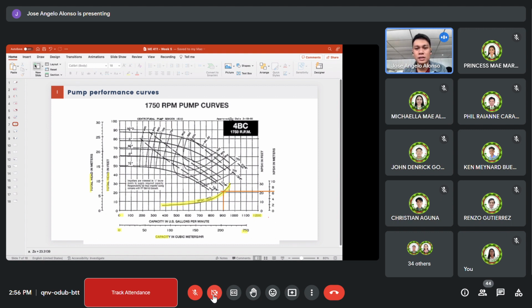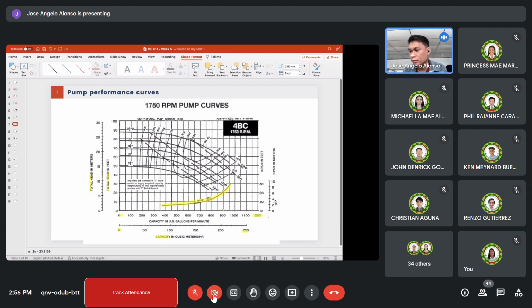Makukuha natin yung net positive suction head required as around 21 feet or almost 6.4 meters. So example lang to class, kung saan mag-intersect yung ating capacity ng pump dun sa net positive suction head required curve. Project mo to the right, makikita natin or ma-determine na natin yung net positive suction head value. Okay?